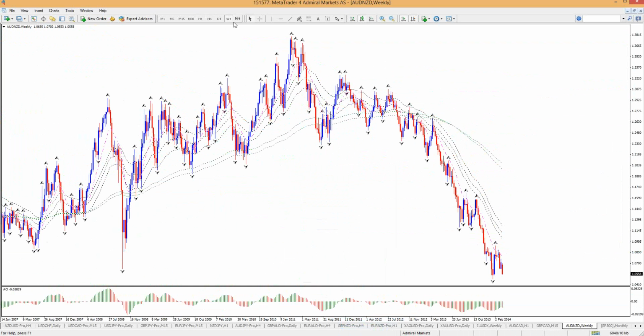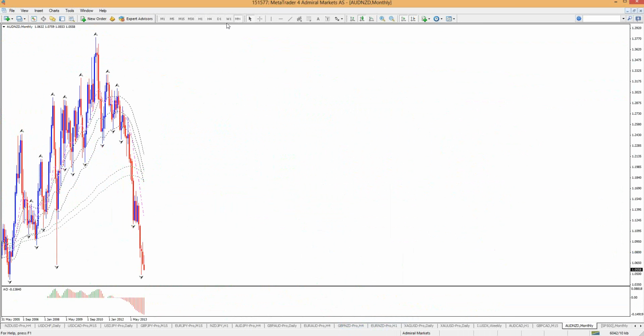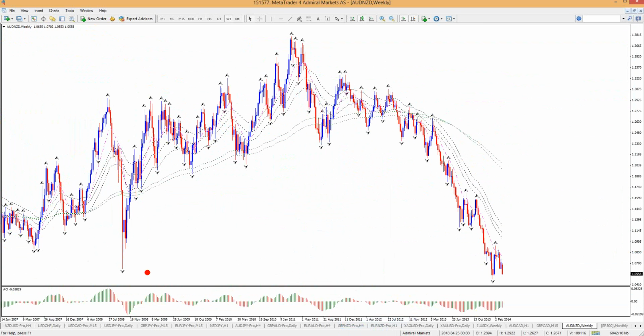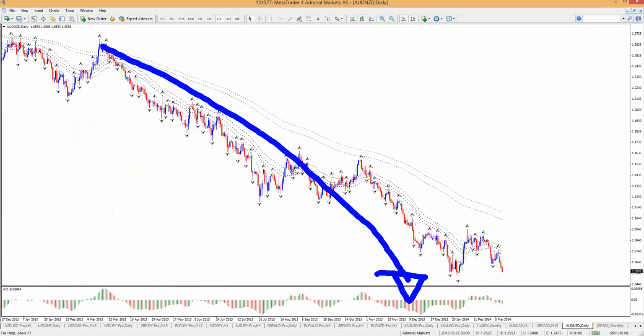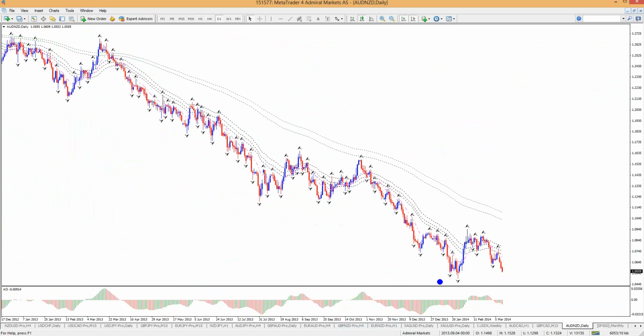I see price, and I see it's very close to former supports here, which makes me a bit leery about the downside. But obviously, as you can see on this daily chart, we had a very strong downtrend. But because we're so close to support, because this is a major level, 104.40, I am not interested in that trend continuation at the moment, because I'm scared that there is the potential for price to bounce up.